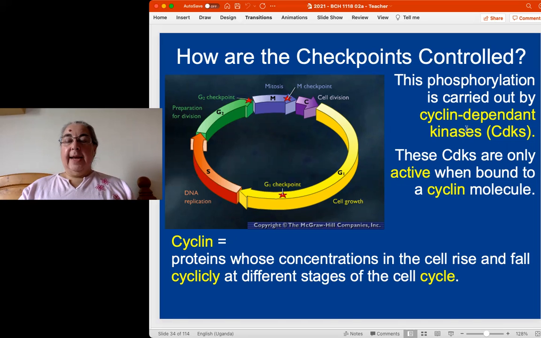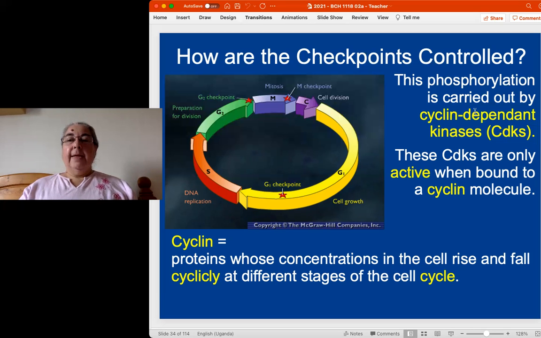So, cyclin-dependent kinases. What is a cyclin? Well, cyclins are proteins whose concentrations in the cell, which are produced in different concentrations, rise and fall cyclically at different stages of the cell cycle. Okay, and CDKs, cyclin-dependent kinases, are only active when they're bound to a cyclin molecule.